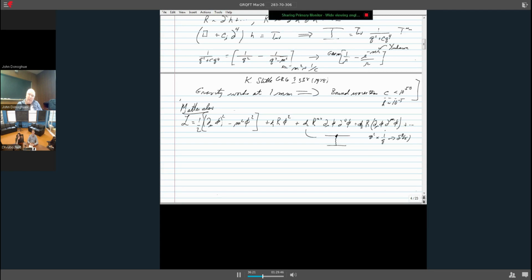The typical constraint here would have an extra q squared at the vertex, and there'd be a 1 over q squared that gives you a delta function potential instead of a power, because we can't measure short distances.